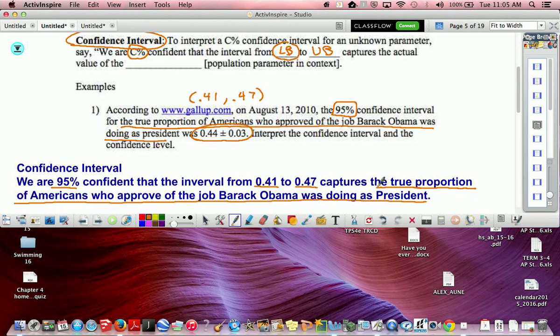Could you say the true value of? I suppose you could say the true value, sure. But I would rather have you say proportion because that's what it actually represents. You'll want to either say proportion or later on we would say mean, or what it actually specifically represents. Value is a little too vague.